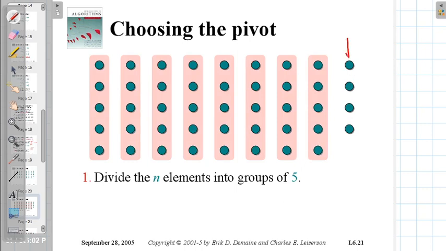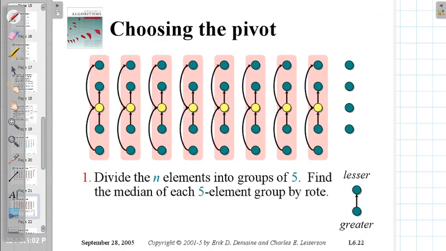You see this group does not have 5 elements, so we can analyze keeping it, or we may exclude that. Even if we exclude this, and still get a good partition, that will be much better. So we have groups of 5 elements, and then we have to find the median of each 5-element group.